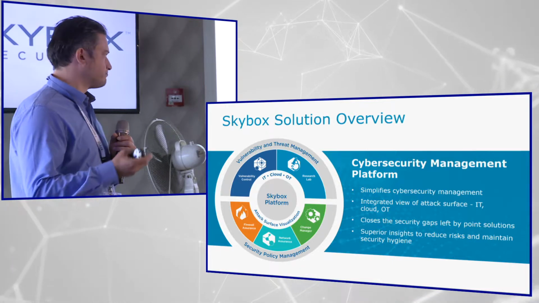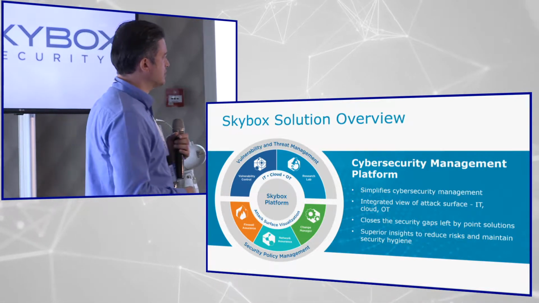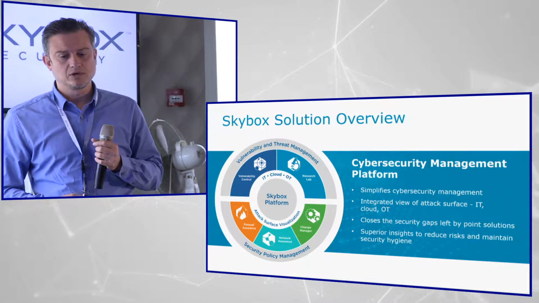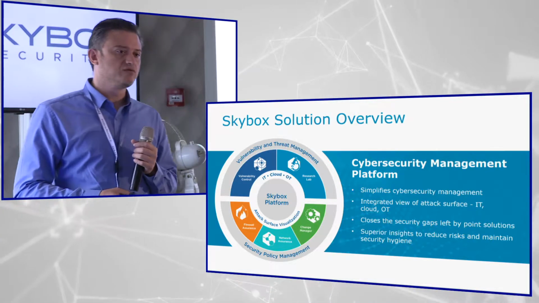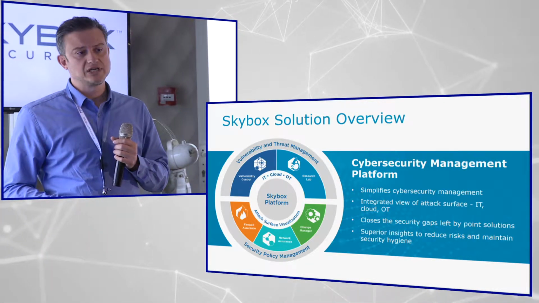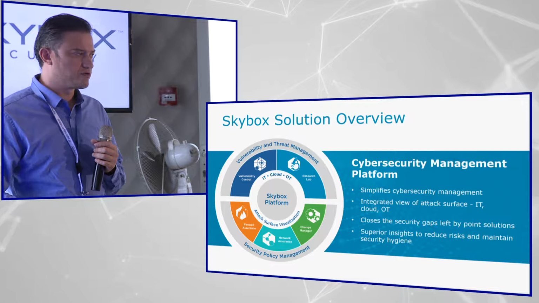So the upper level is vulnerability and threat management, vulnerability control, managing the full life cycle of vulnerability from the point of discovery to prioritization and then moving to remediation, of course.